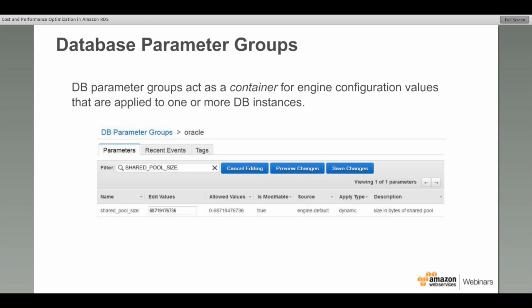Then when I launch a new instance, I can launch that instance with an instance type, allocated storage, and a parameter group that I've named explicitly, such that I don't have to recreate those values for each instance type. And of course, the ability to modify all the parameters is limited by the nature of a managed service. So you will see edit boxes for the parameters that we do allow you to edit.